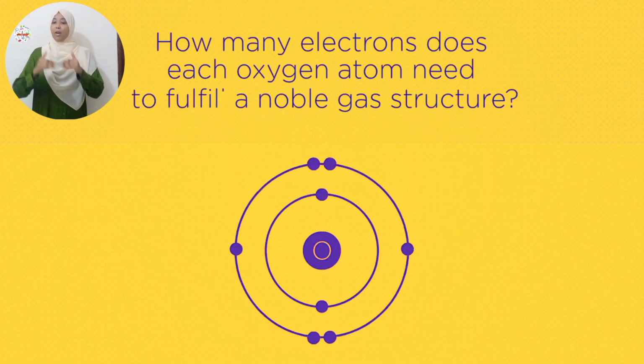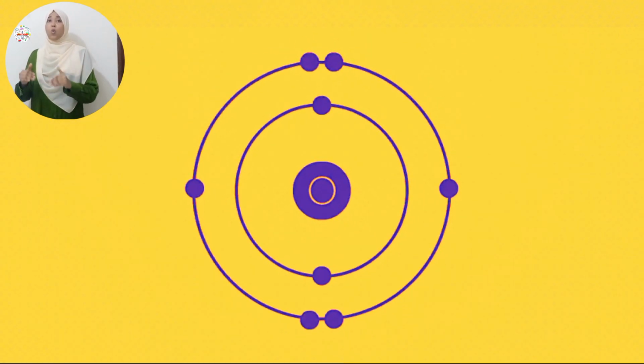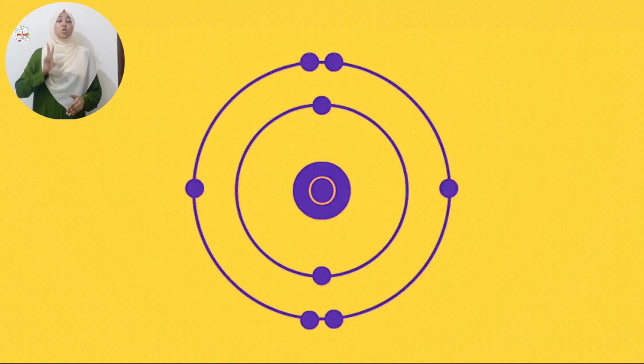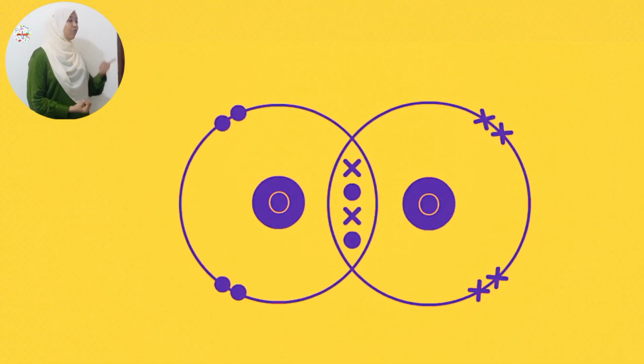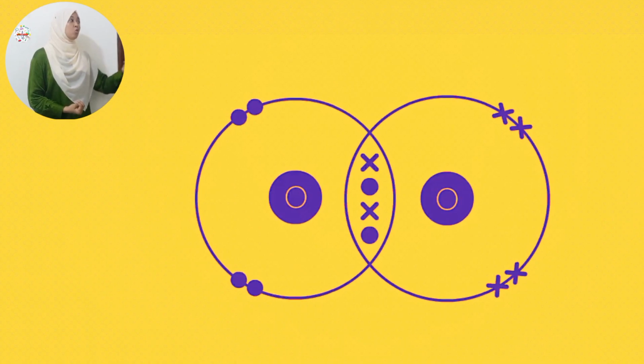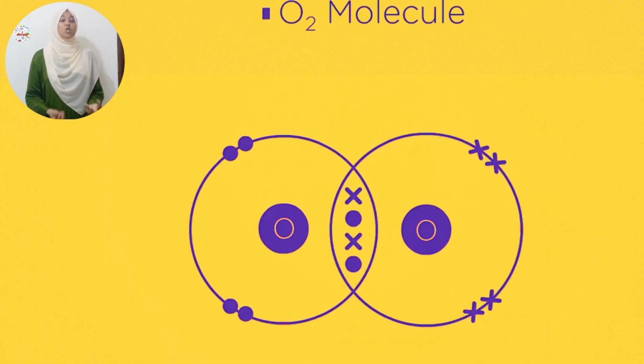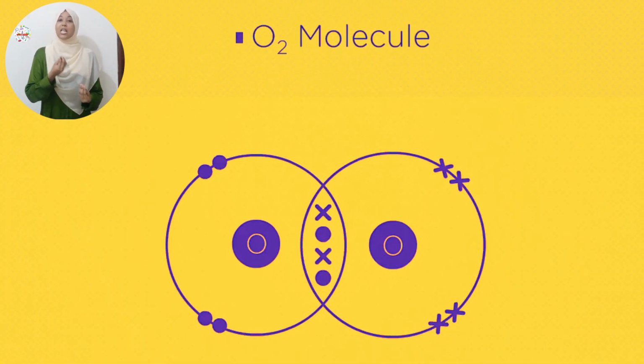Now, if you have a single oxygen atom requiring 2 additional electrons in order to become stable, how many electrons will each atom need to contribute? 2. So you're going to have 2 electrons from one atom, 2 electrons from the other atom. So a total of 4 electrons are going to be shared between the 2 oxygen atoms.